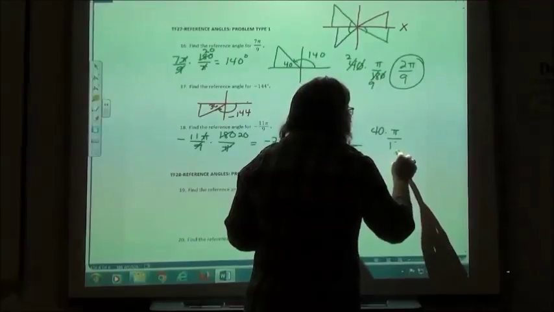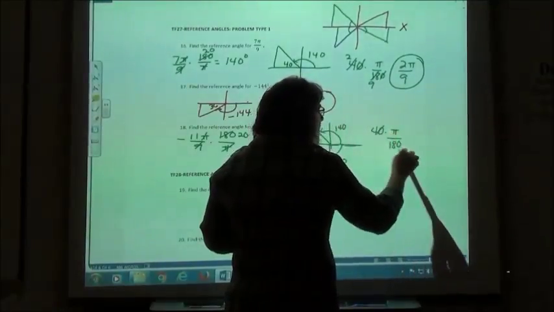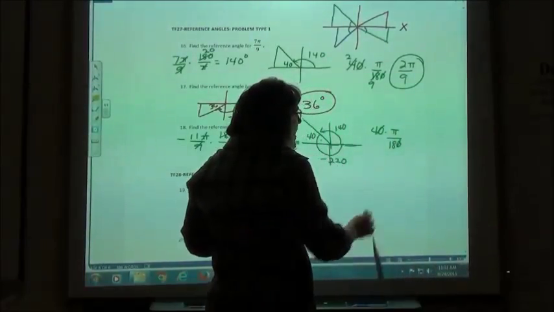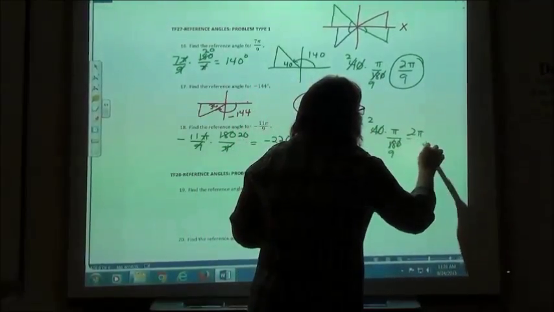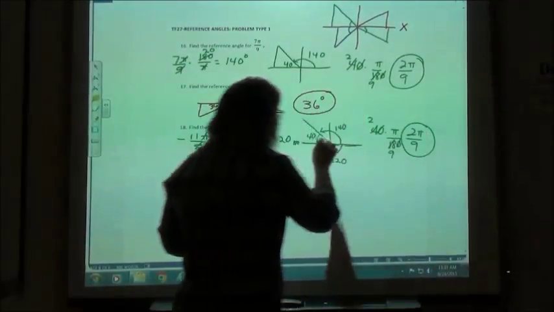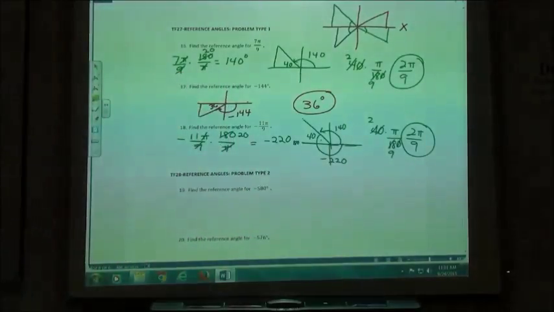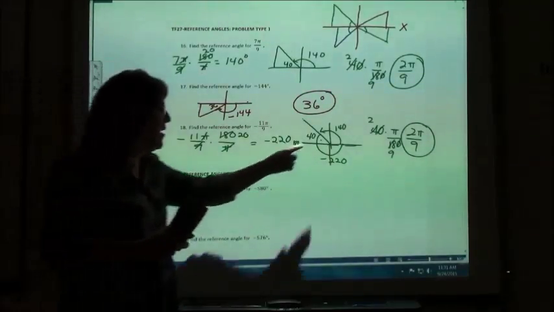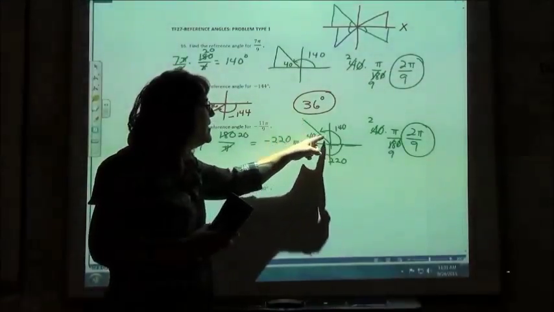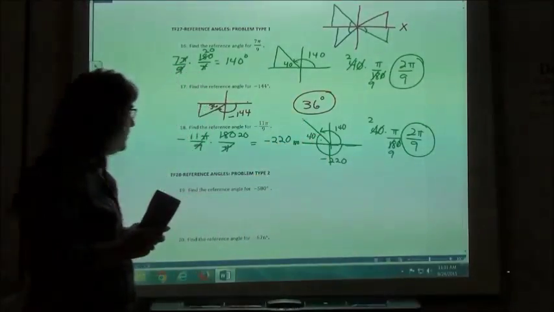So pi over 180, if I cross off my extra 0, I have 4/18, which reduces down to 2/9. So 2 pi over 9 is that reference angle, which was 40 degrees. My reference angle always goes back to the x-axis. How much space is there between the end of my angle and the x-axis in the positive direction?